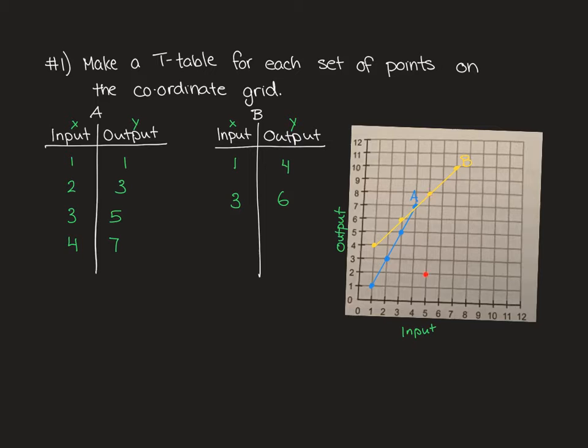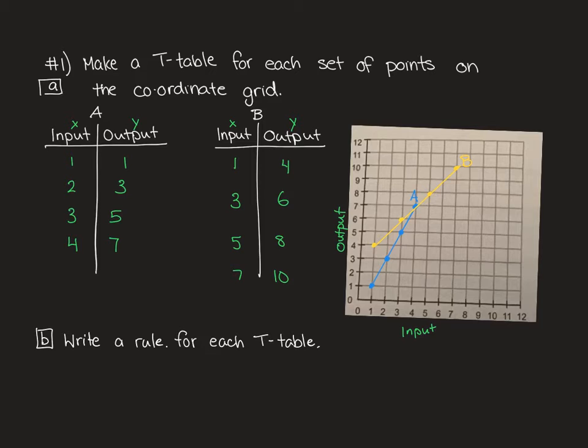Then our input is 5 and our output is 8. So we'd put 5 and then 8. And finally, our last point, our input is 7 and our output is 10. So we would have 7 and 10. So that takes care of part A.